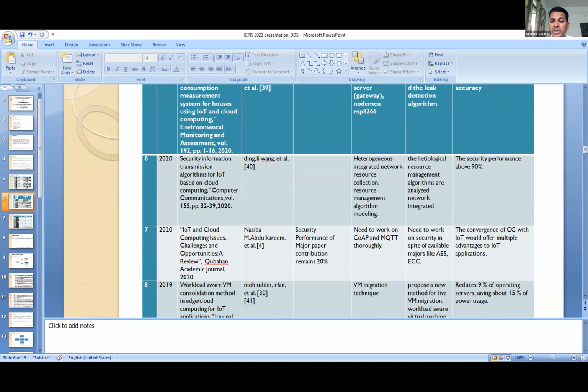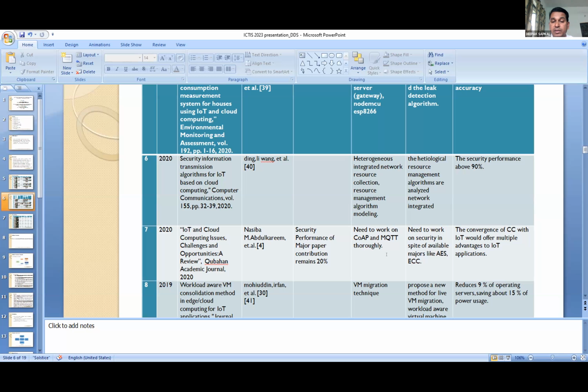To deal with that, there are application protocols used in IoT and cloud computing interaction, namely the Constrained Application Protocol and MQTT. These protocols have lesser capability, and I'll talk about those in the coming slide.